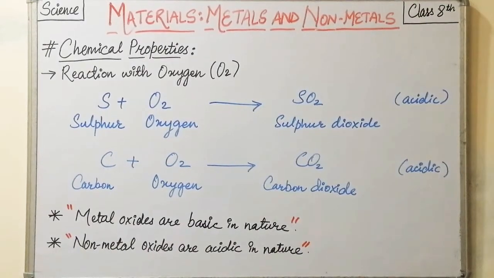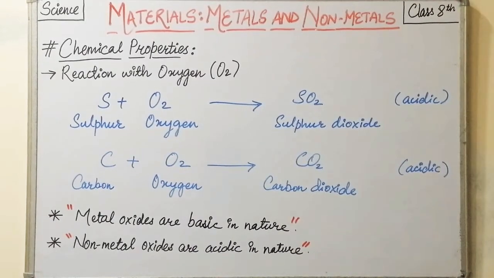After some time, when all the gas has come out from the sulfur, you are supposed to add some amount of water and shake the glass jar. Then we are going to check that with the help of a litmus paper.